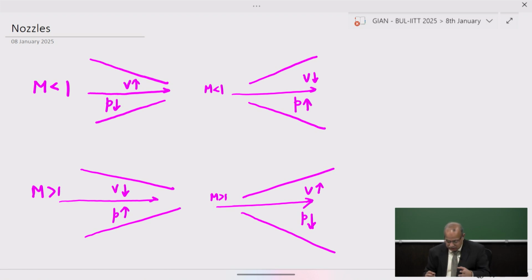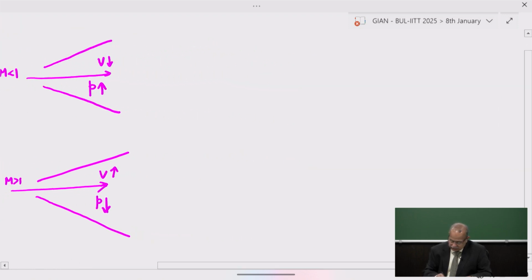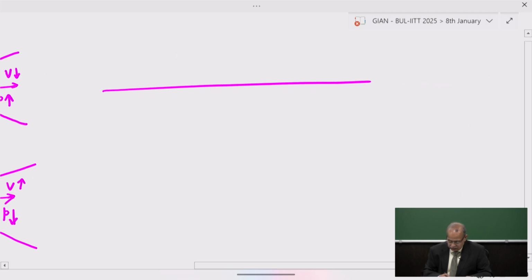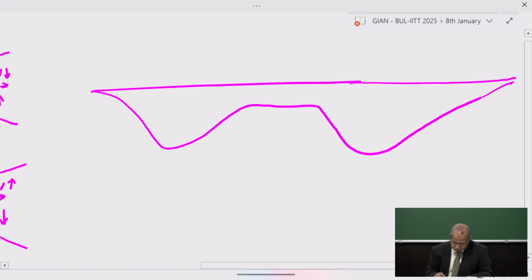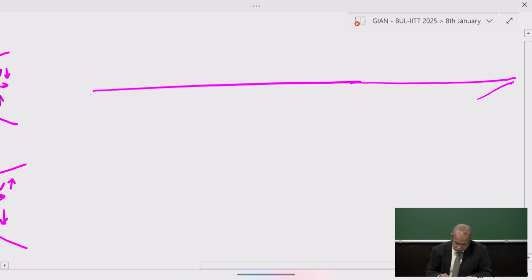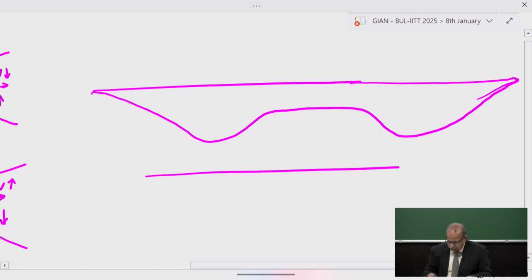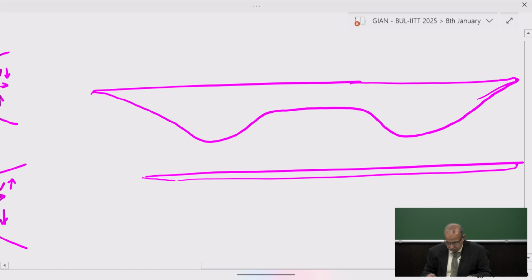So this is known to us, and we are going to use this concept for extending our understanding of the flow in nozzles. For example, when we look at a ramjet engine, here is the inlet, here is the combustor.